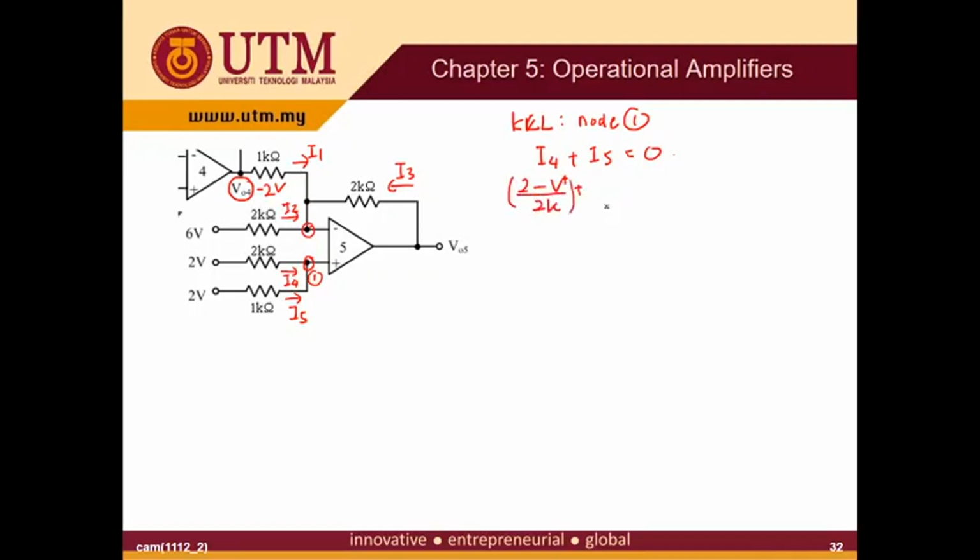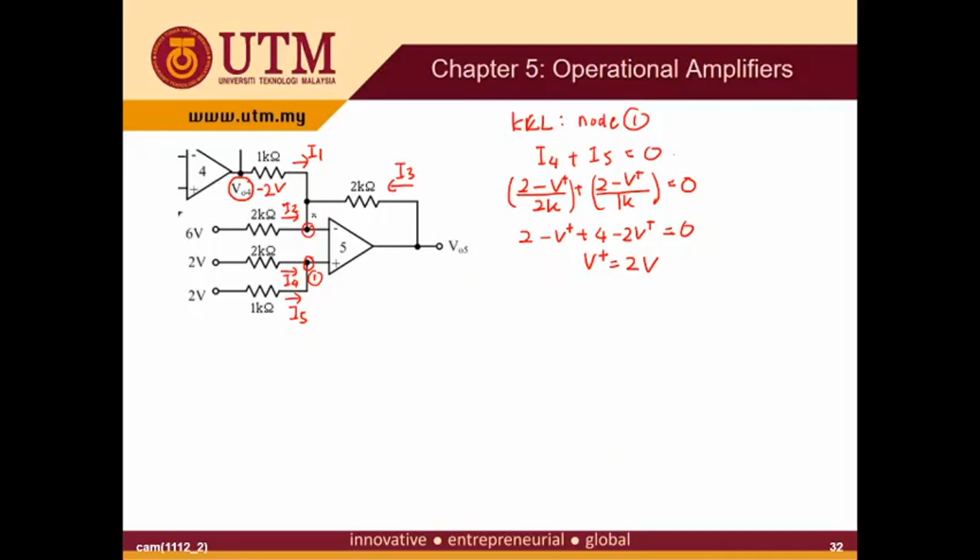This is I4. And then I5 is 2 minus V plus over 1k. This is equal to 0. So now you can get 2 minus V plus plus 4 minus 2V plus. So V plus is equal to 2 volt. This is from node 1, you can get the V plus value.